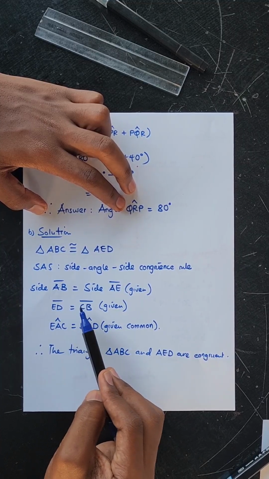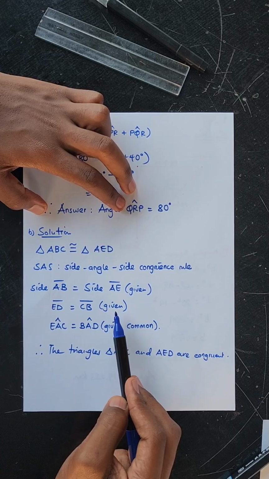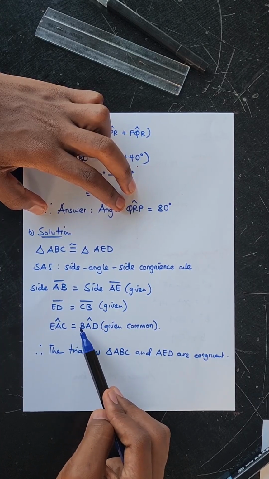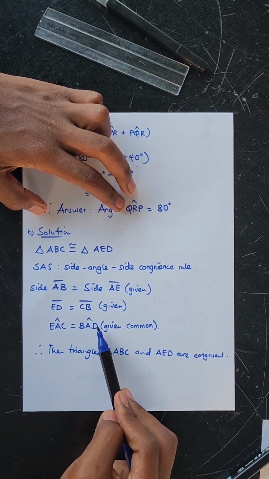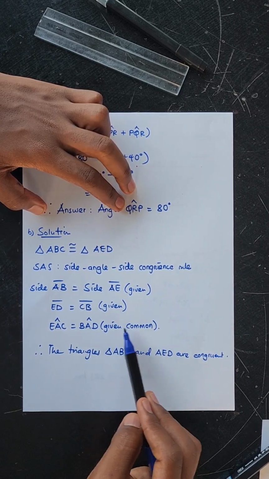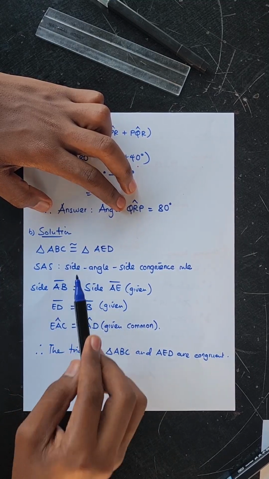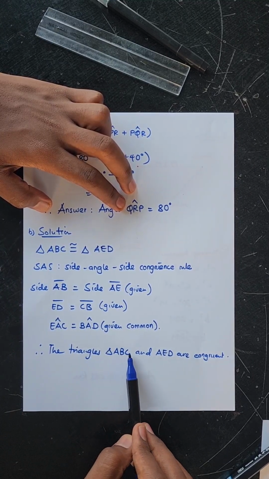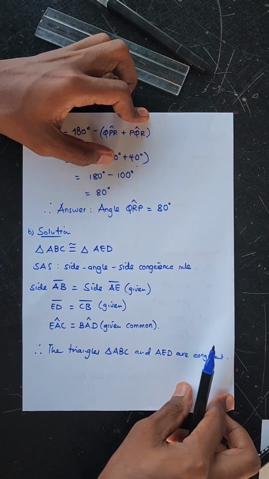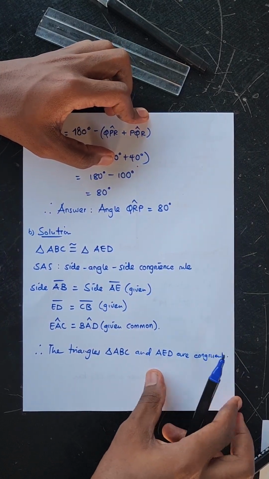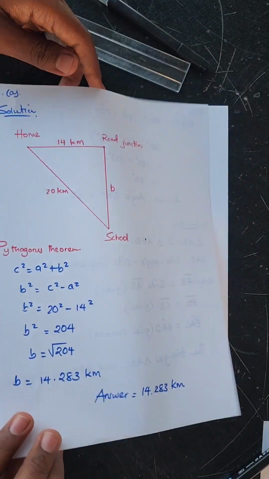Side ED equals side CB, another given from our diagram, and angle EAC equals angle BAD. This is a common given angle. Therefore, based on the rule of side angle side, triangles ABC and AED are congruent. Sorry everyone, I've been solving the questions while the camera wasn't recording. Yikes. Moving on to number 9.